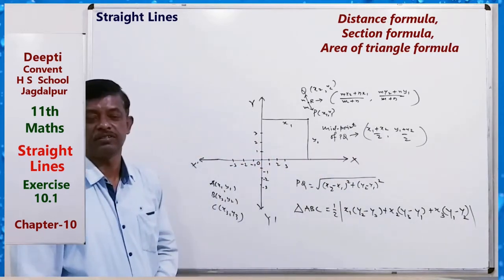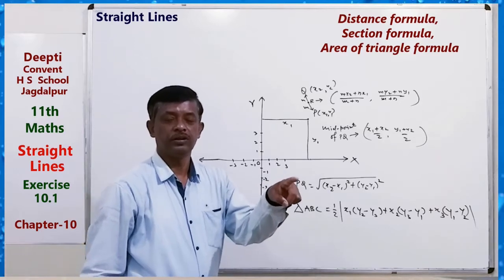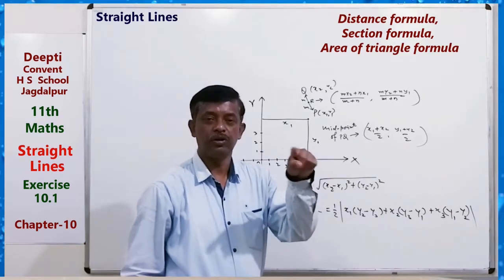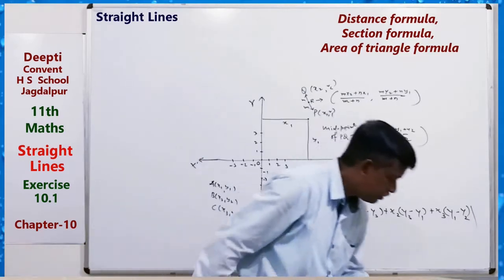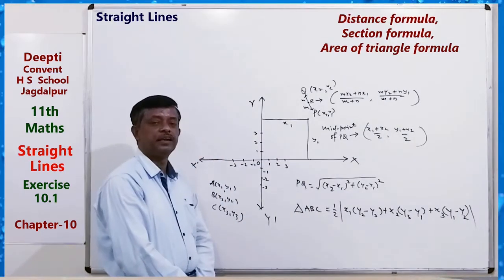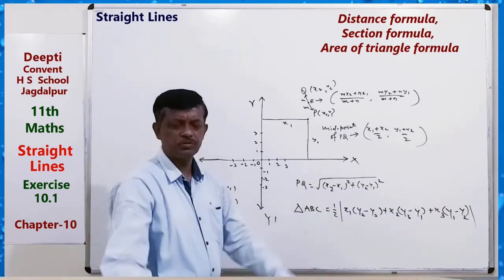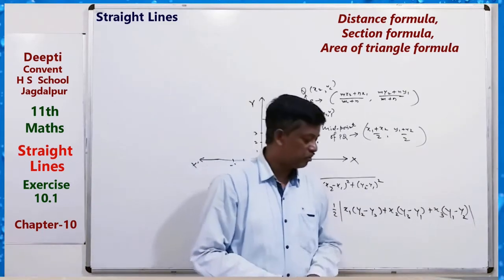Clear? This is the writing method, cyclic. This is the formula for the area of a triangle. These are the previous formulas, and we use them for solving questions.